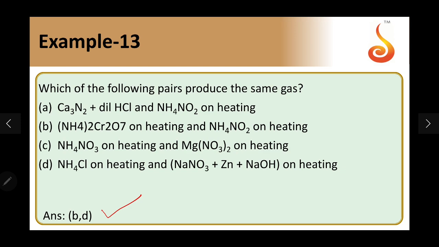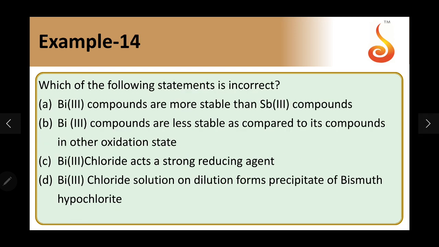Example 14. Which of the following statements is incorrect? So it is bismuth 3+ compounds and Sb3+ compounds. All of us know about the inert pair effect. In the p block, as we go down the group, the stability of the lower oxidation state increases, especially towards the end of the group.